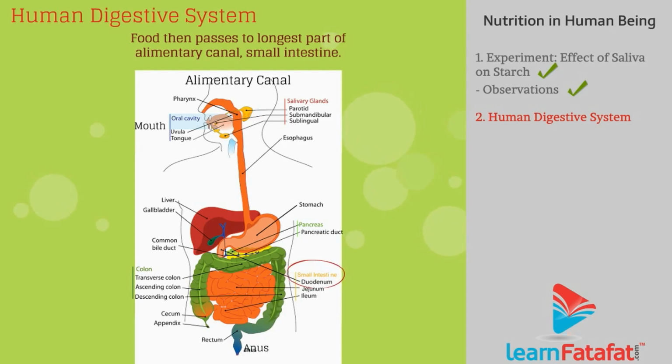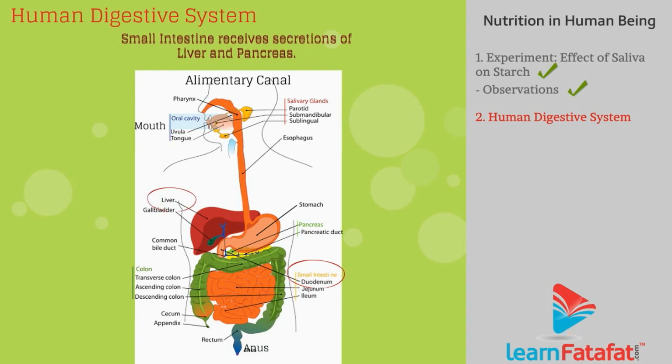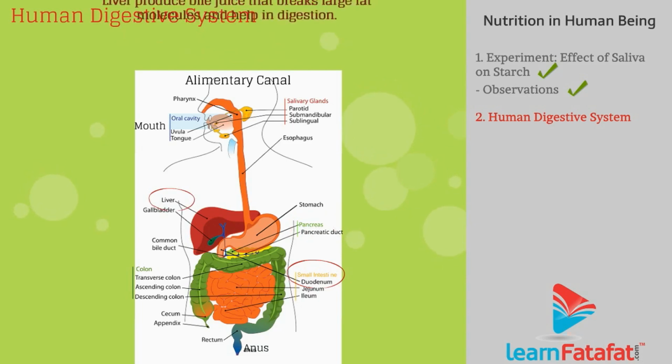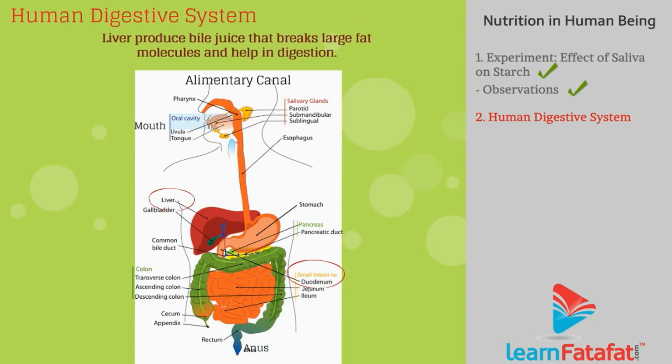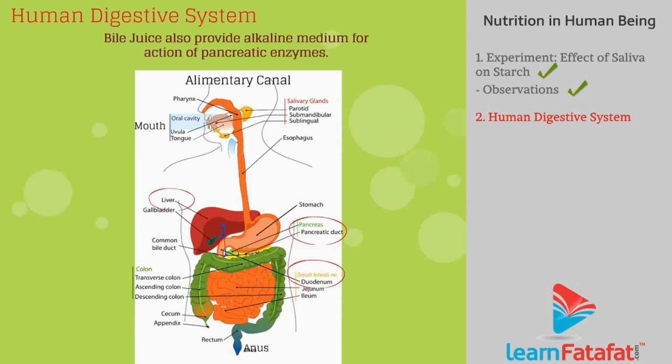Food then passes to the longest part of the alimentary canal, the small intestine. The small intestine receives secretions of the liver and pancreas. The liver produces bile juice that breaks large fat molecules and helps in digestion. Bile juice also provides an alkaline medium for the action of pancreatic enzymes.